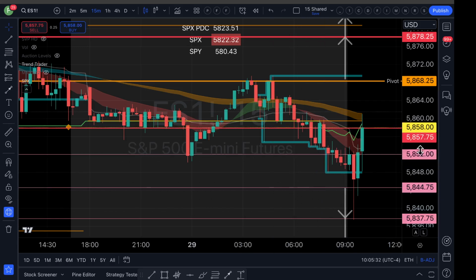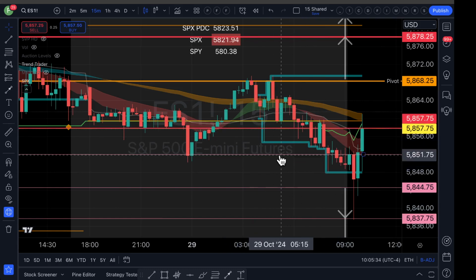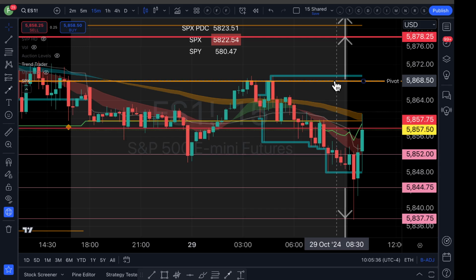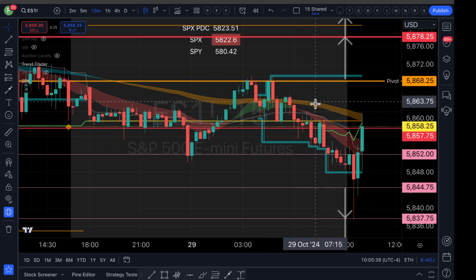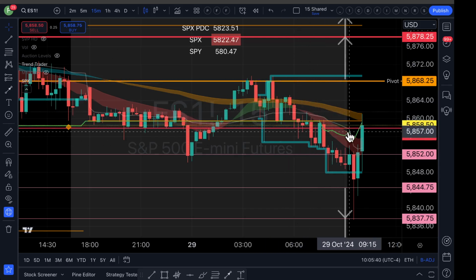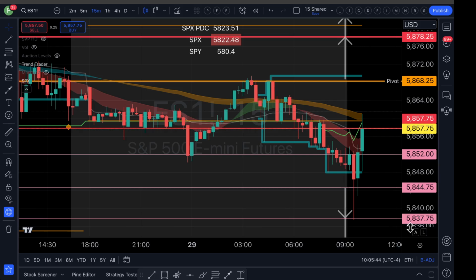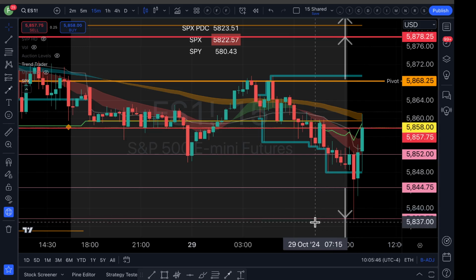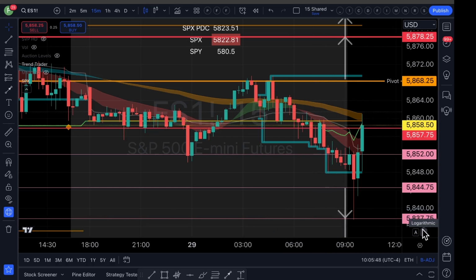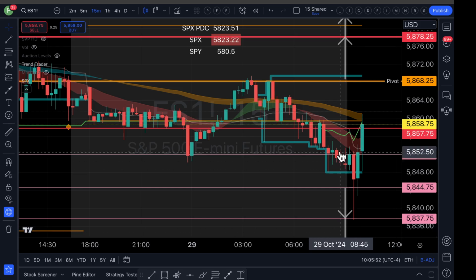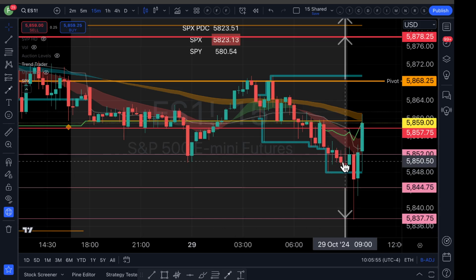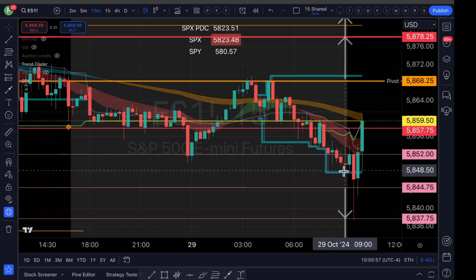Now, every line you see is a possible bounce area. So look how beautiful this works. The market opened, we went down. Where did it bounce? Can you guys see that? So if you're in a trade, you're going to watch these. You want to lock in profit progressively at these levels.